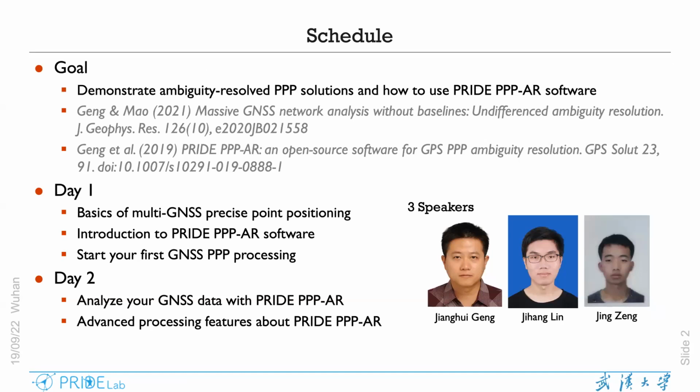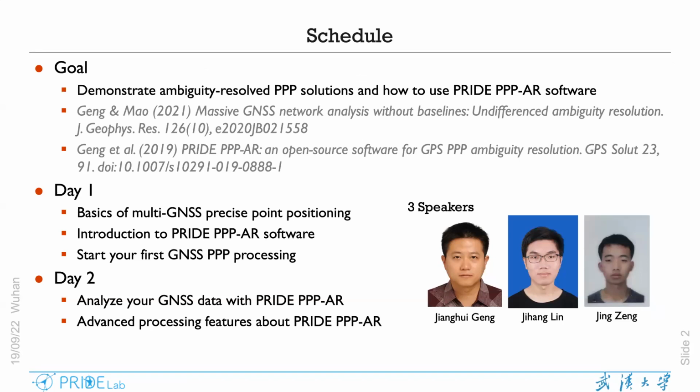The second one is a reference for the software itself. In this paper, we introduce the basics of how to install and how to use it, for GNSS processing at a single station with ambiguity-fixed solutions.